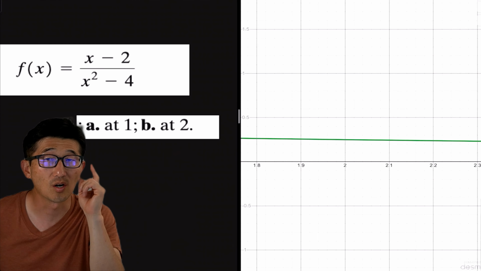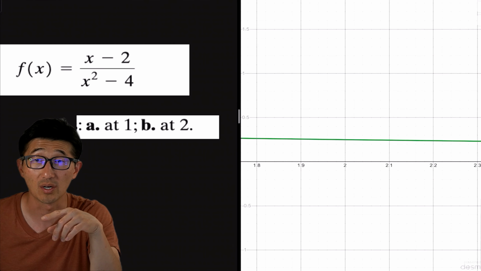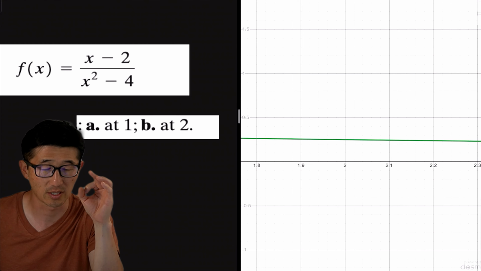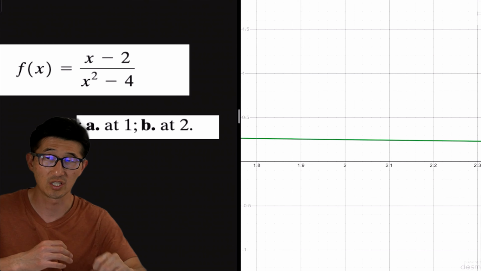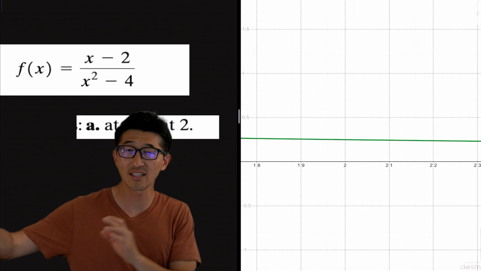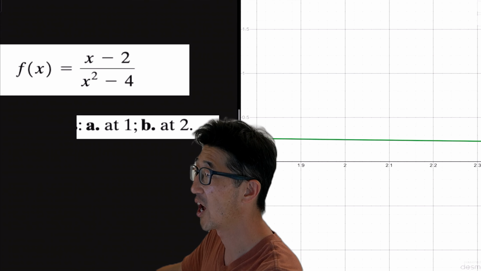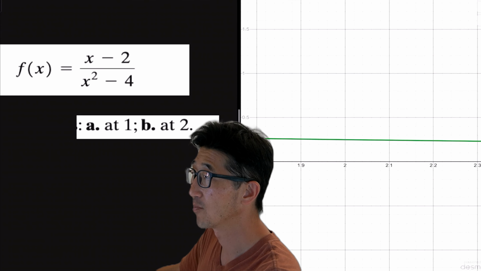So a limit exists, but it's not continuous. If the hole is missing, we call it a removable discontinuity. Okay. So do you see now? I'm trying to show you why it's so important to know how to graph, right?